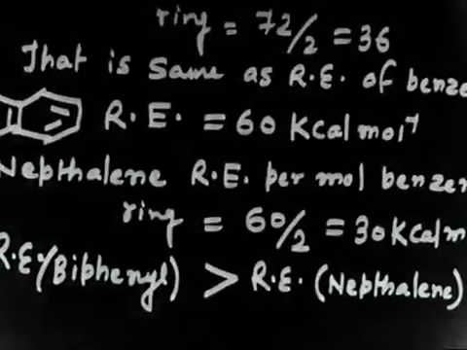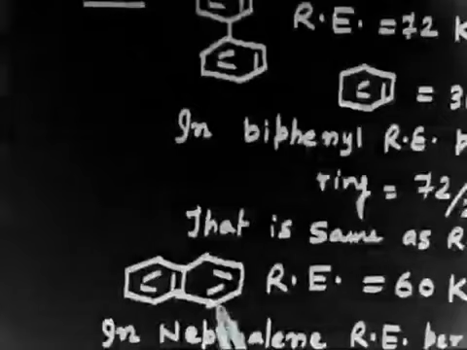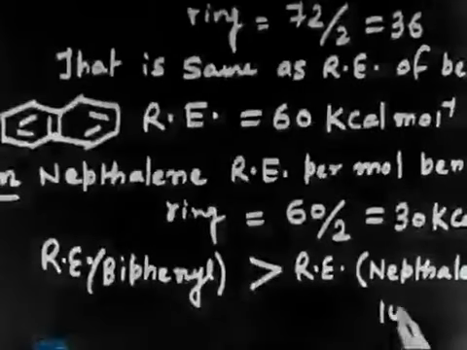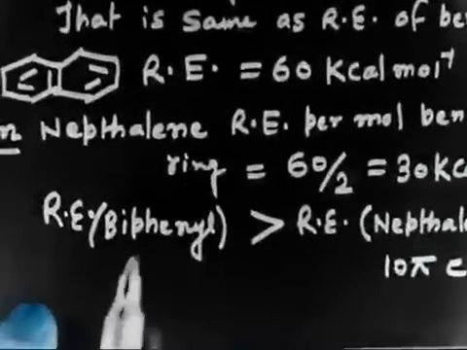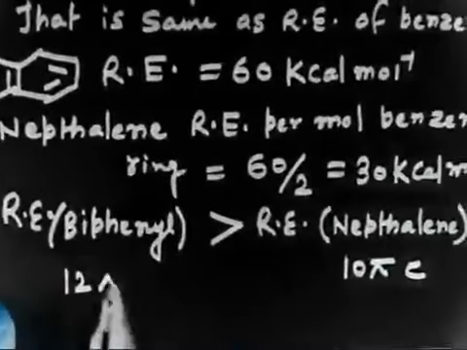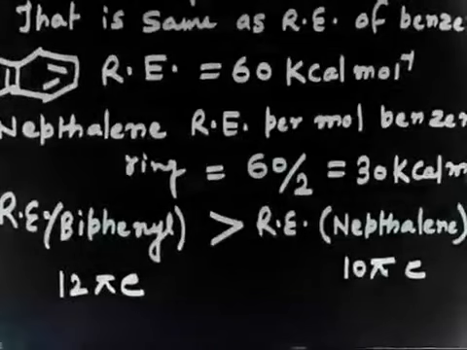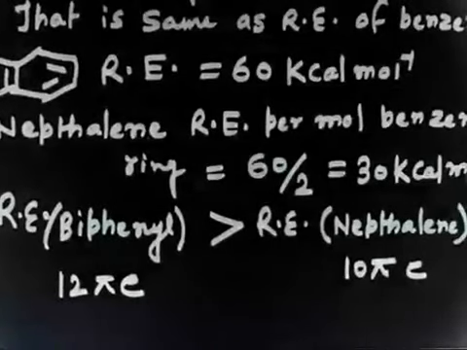Now if you see, in naphthalene how many pi electrons do we have? 6, 8, 10. So you have only 10 pi electrons, but in biphenyl you have 12 pi electrons. So there is more delocalization, and that will make the molecule more stable.